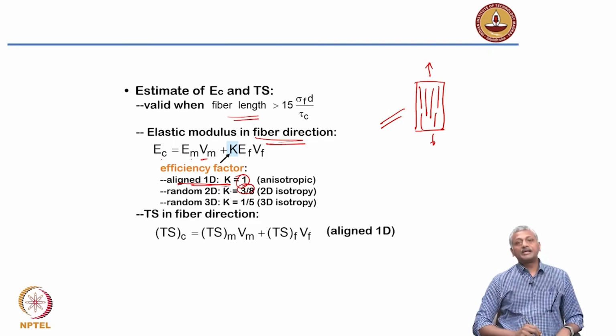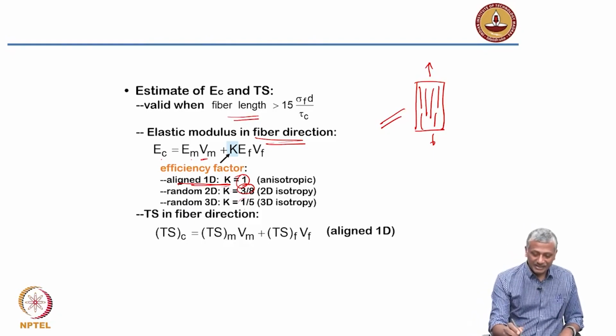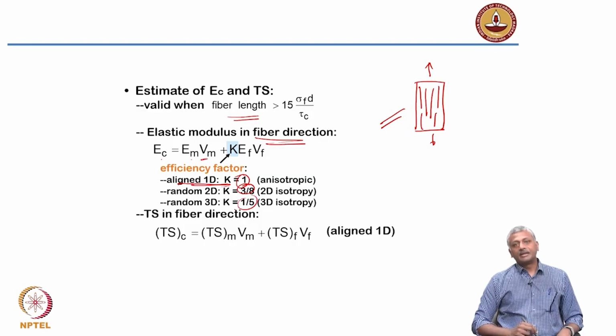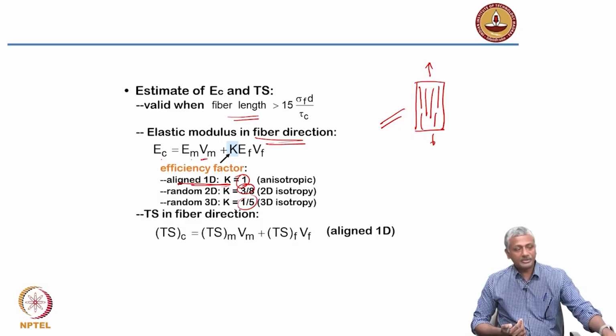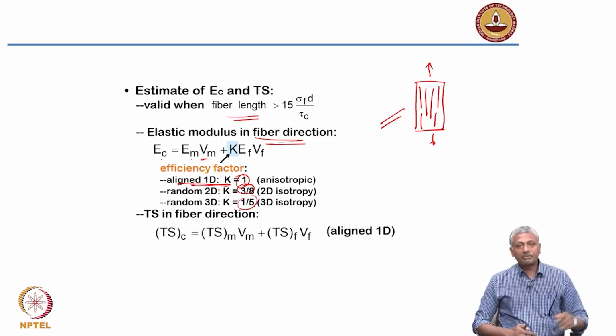And if you have random in 3 dimensions, for instance when you have fiber reinforced concrete, in that case the k value is only 1 by 5. That means the contribution of the fiber in the composite reduces with more and more random orientation. If you have good alignment, the contribution of the fiber is very high, but if you have poor alignment, the contribution of the fiber reduces significantly.